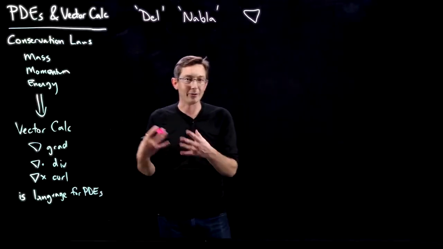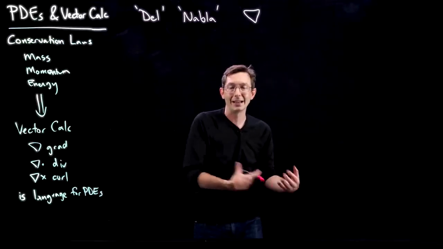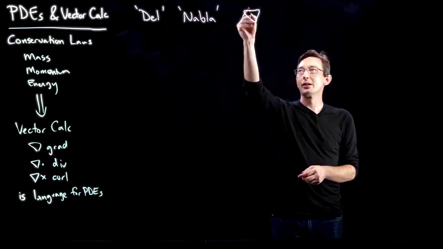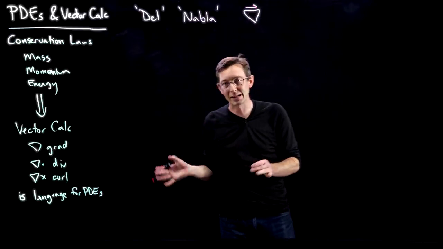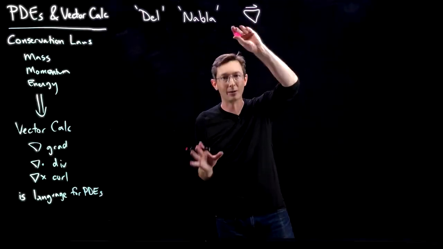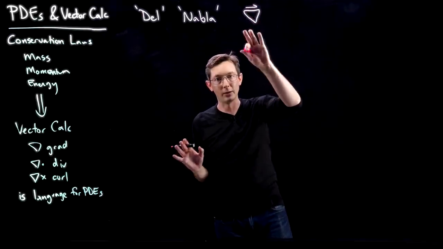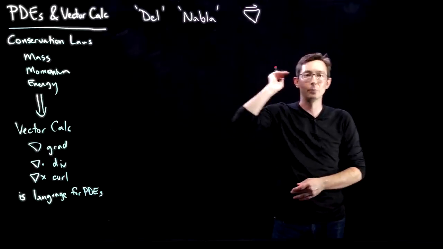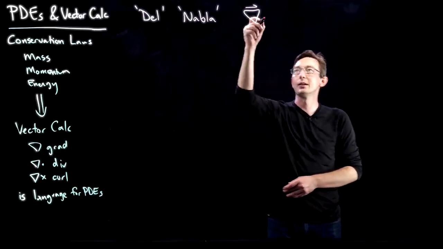We're going to think about taking the derivative of something as an operator or an operation. If you want, you could put a little arrow over this. Sometimes I do, sometimes I don't. If I drop this arrow, it always means the same thing: del or nabla, two words for the same thing.